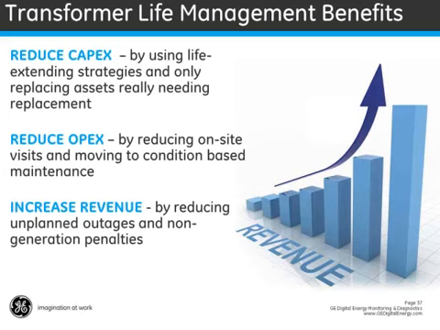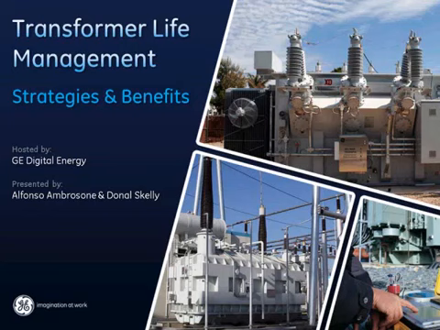Unexpected failures could become an issue, resulting in energy outages that can cost companies dearly. GE's combination of technologies, advanced analytics, 24/7 monitoring, and expert analysis means developing faults can be detected before they cause unexpected failures.